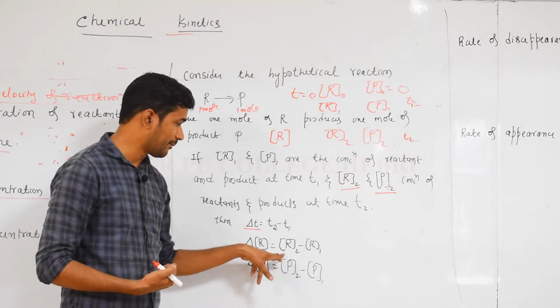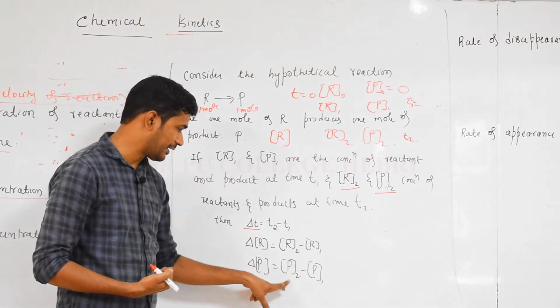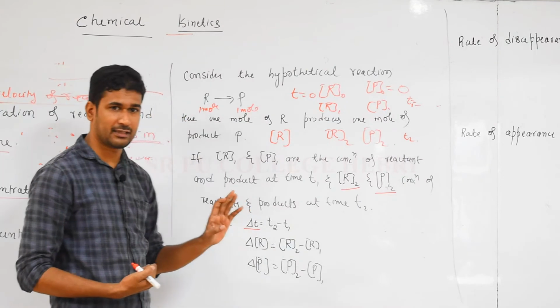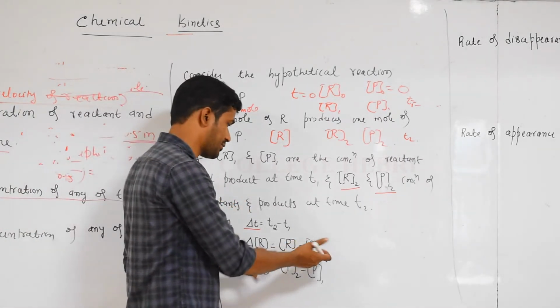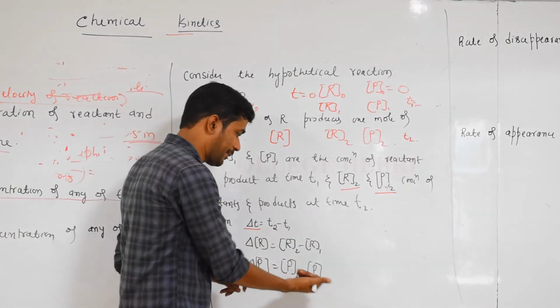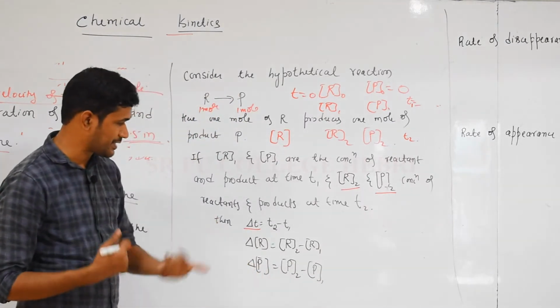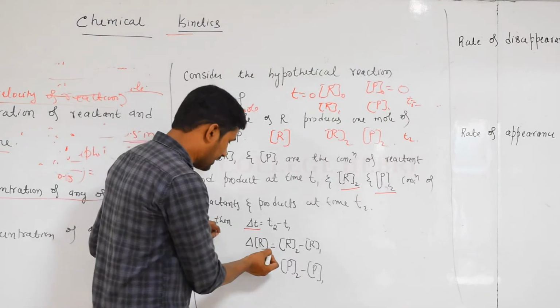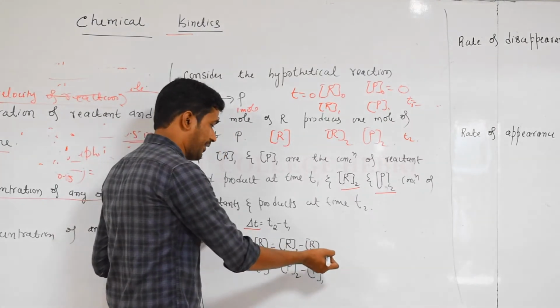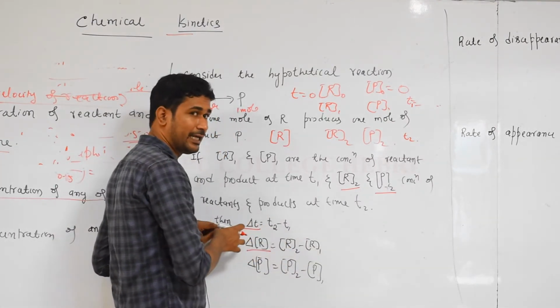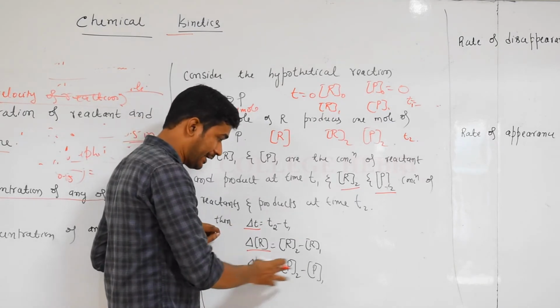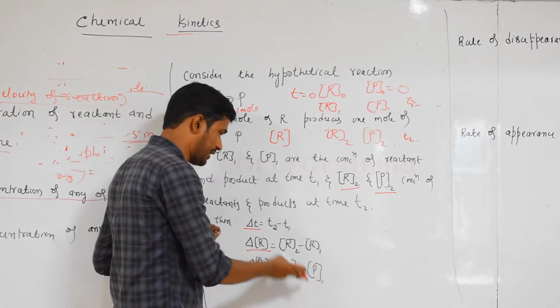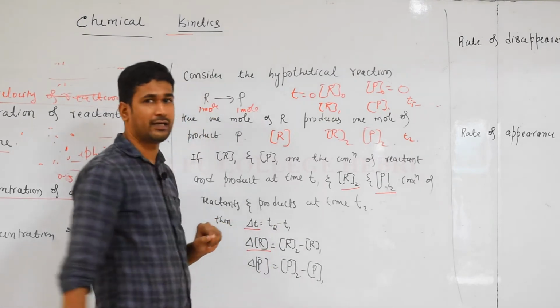Final minus initial. Understood? What is the initial concentration? R1 for the reactant, and P1 for the product. Now delta R is the change in concentration of reactant in this time interval delta t, and delta P is the change in concentration of product in this time interval delta t.